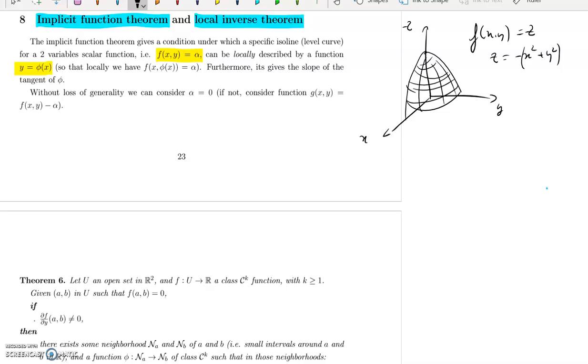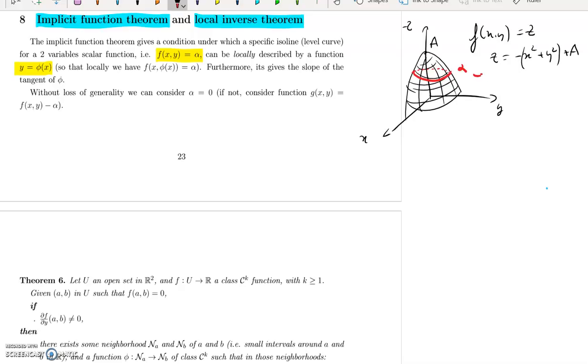So let's add a value capital A, so that the top of this parabola is at level z equals A. Okay, so now let's choose some value alpha. Let's say that this is the corresponding alpha value that I'm choosing. And of course, it's going to correspond to some level line.